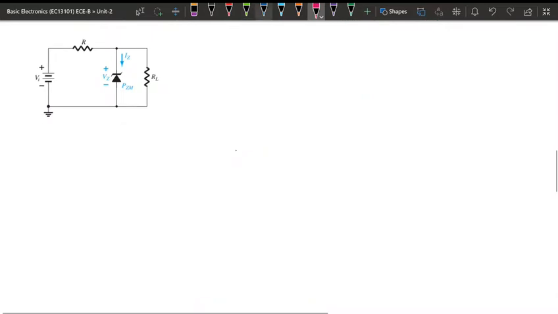So here this is the basic circuit diagram that works as a voltage regulator circuit. What we need to do is reverse bias this Zener diode, and we should apply an input voltage such that the diode turns on.